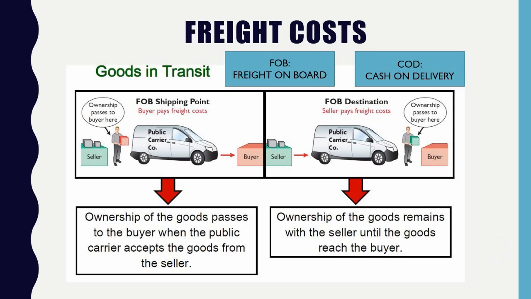We have two sections, which are called FOB shipping point and FOB destination. This is going to determine who is responsible to pay for the freight. If you did not know, freight is a two-way street, especially when you're shipping products from one location to another.